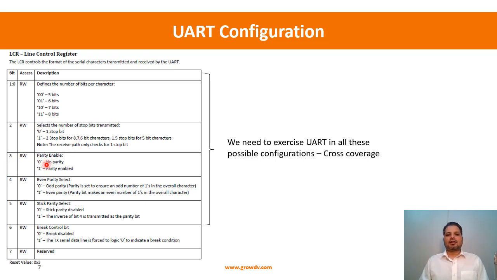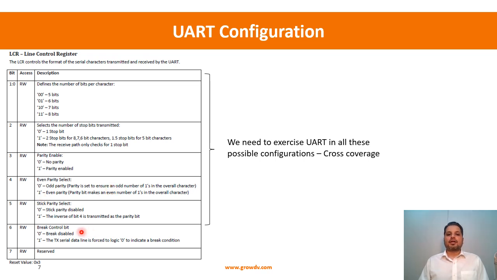Then I have a third one, which is parity enable: 0 for no parity, 1 for parity enabled. Now there can be relations between registers. Only when parity is enabled does the even parity select become valid. If no parity is selected, then the even parity select bit does not have any real significance. If parity is selected, then we can choose between even and odd parity.